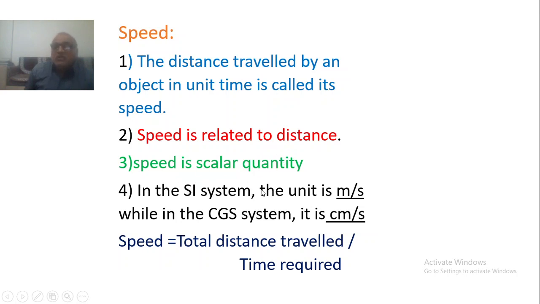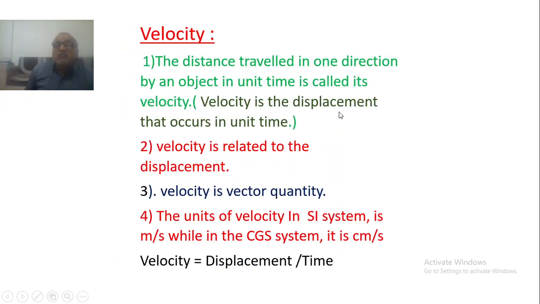In the SI system, the unit of speed is meter per second, because distance is in meter divided by time in second. That's why its SI unit is meter per second and CGS unit is centimeter per second. So we got the formula of speed: speed is equal to total distance traveled divided by time required.